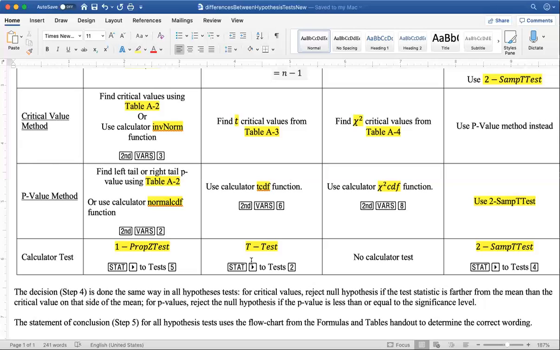For the statement of conclusion, you're going to use the same thing here. You're going to use the flowchart from the formulas and tables handout, and you're going to just answer the 2 questions. Did the original claim include the condition of equality, yes or no? And then for each one of those situations, you either rejected or failed to reject, and that's going to give you 4 possible sets of words to use in your statement of conclusion.